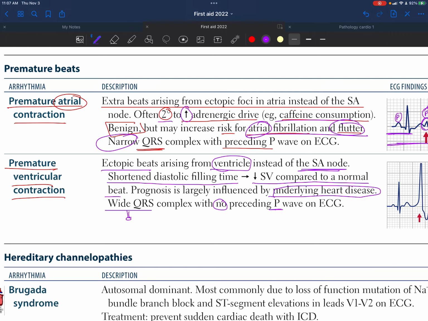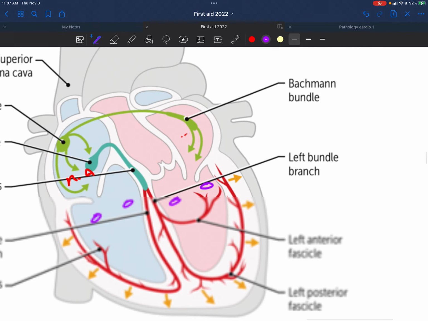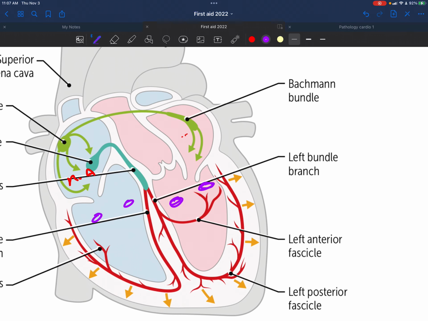So because we now have an ectopic focus in the ventricle, the ventricle is depolarizing on its own. Because it's depolarizing on its own, it doesn't follow the normal slow rhythm of the SA node. So it beats faster than expected because it's getting impulses from the SA node first.